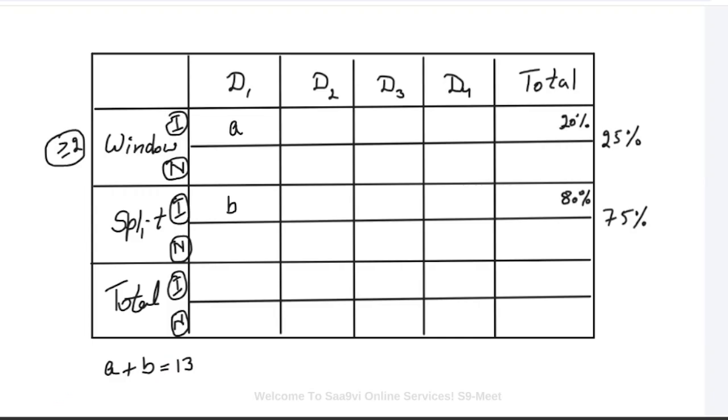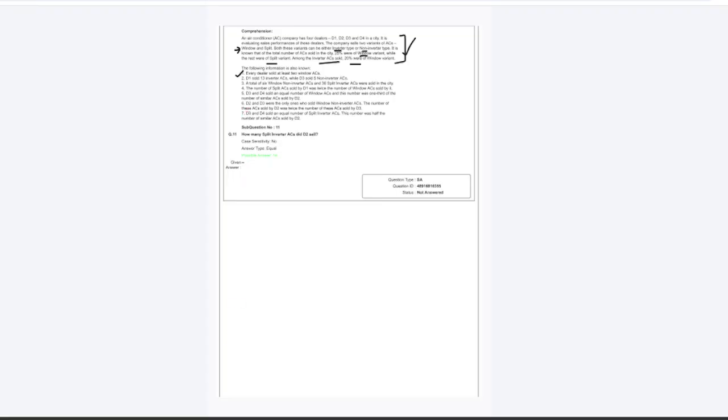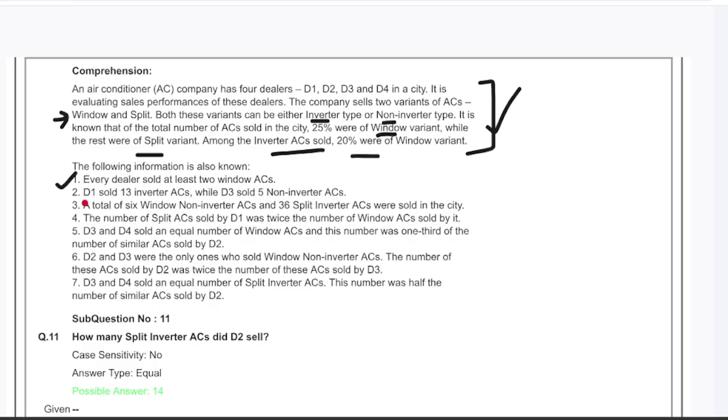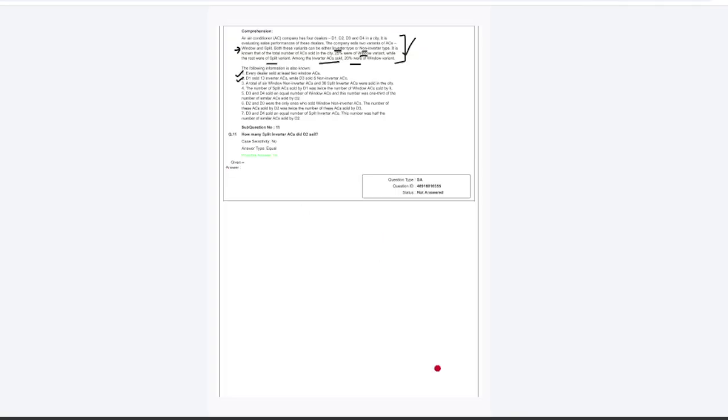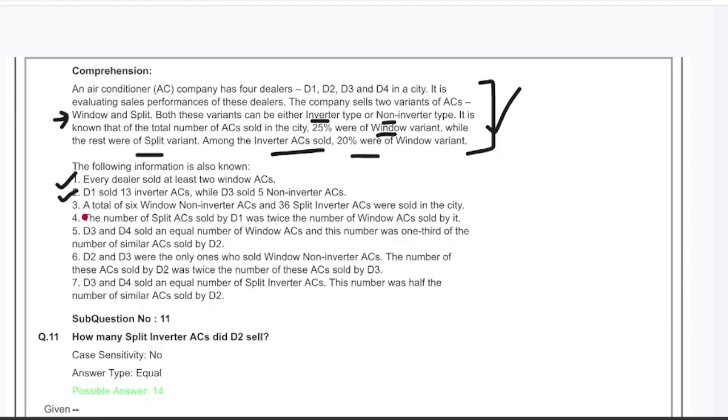And D3 sold 5 non-inverter. Now non-inverter, D3, that means this is C, this is D, and C plus D will be equal to 5. Write down every information. Do not think I'll do it later. Don't waste time in that.